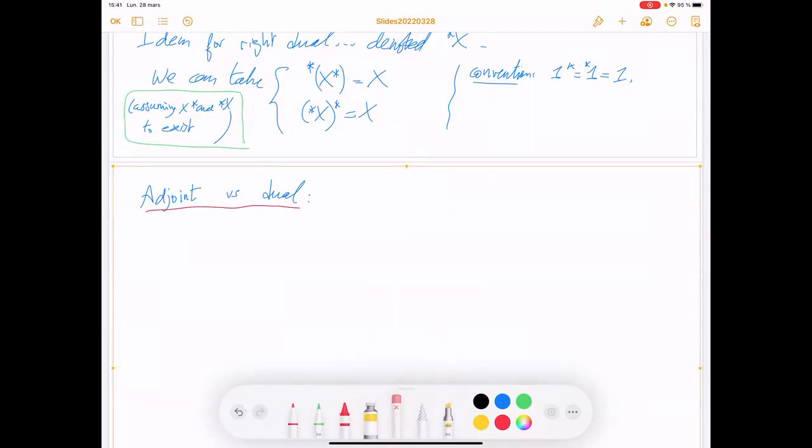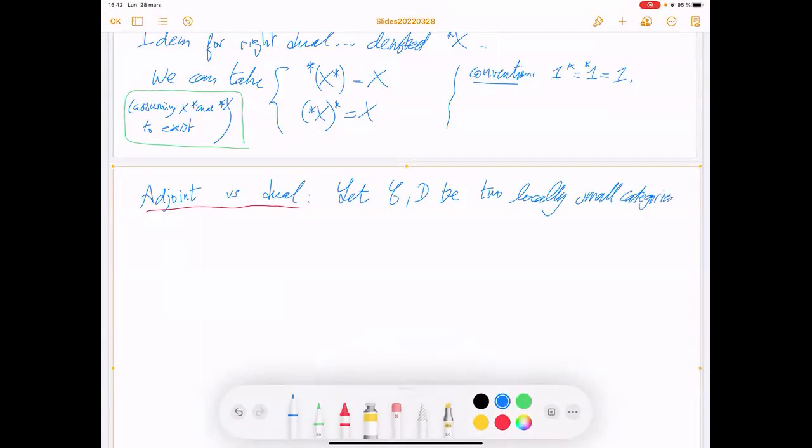So, okay. So let C, D be two locally small categories.